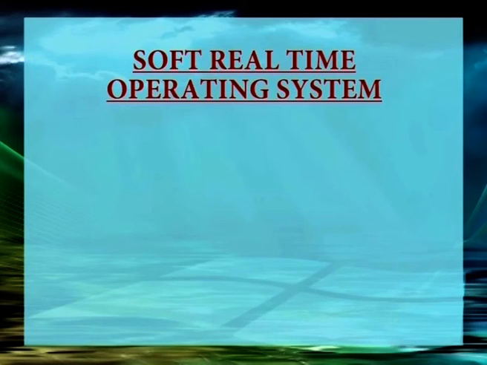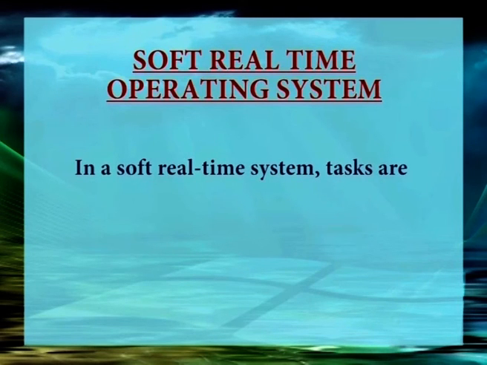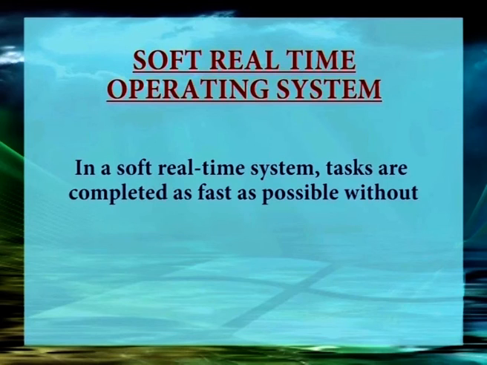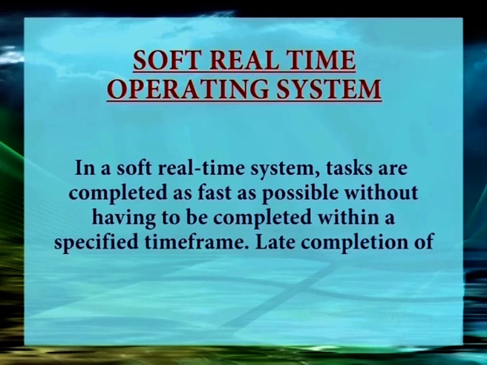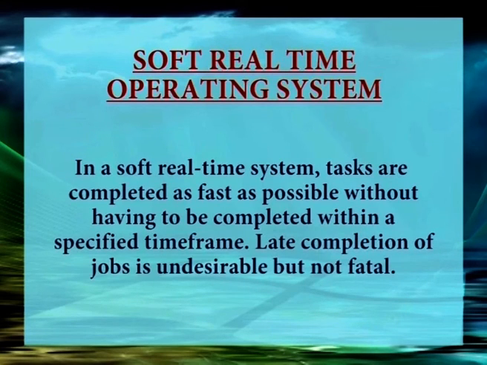Second is the soft real-time operating system. In a soft real-time system, tasks are completed as fast as possible without having to be completed within a specified time frame. Late completion of jobs is undesirable but not fatal.